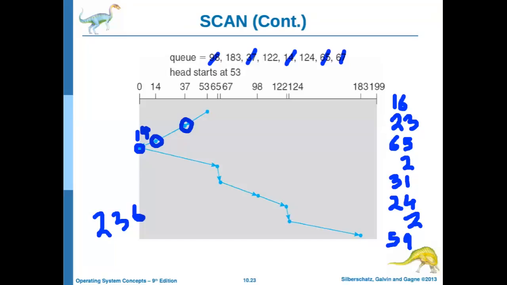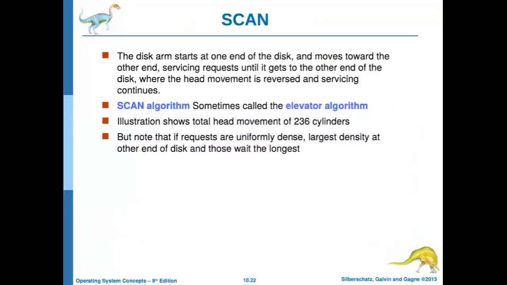You can go from 53 to 199 in that direction also. The algorithm only says that it will go to one end of the disk. It could be left or right, doesn't matter. So total head movement required is 236. I think it is on the previous slide, no? Yes, it is on the previous slide. 236 cylinders movement is required.